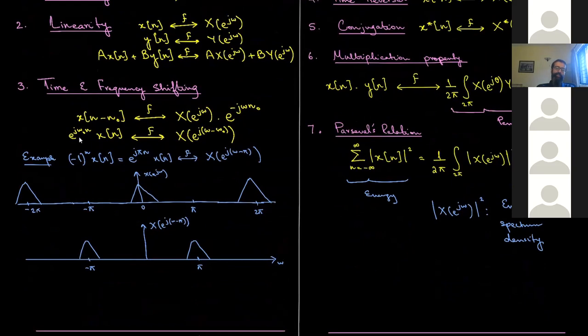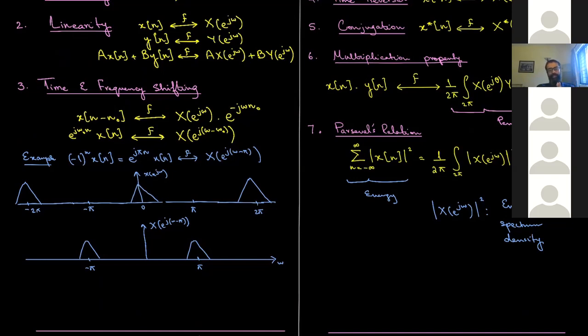Multiplication with an exponential in the time domain is shifting in the frequency domain. So you see there's a duality here as well. Because of this, one implication is that if you take any signal and multiply it with minus 1 raised to power n, that's equivalent to shifting the signal in the frequency domain by a frequency of pi.